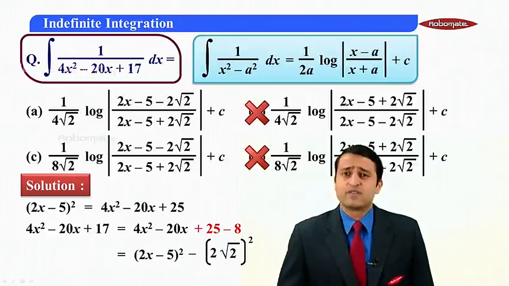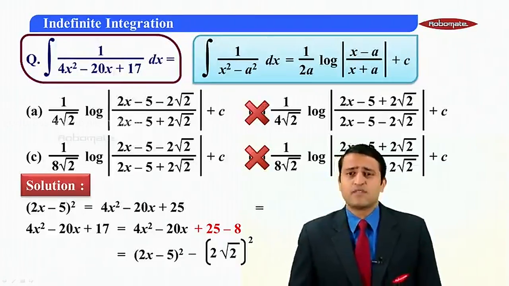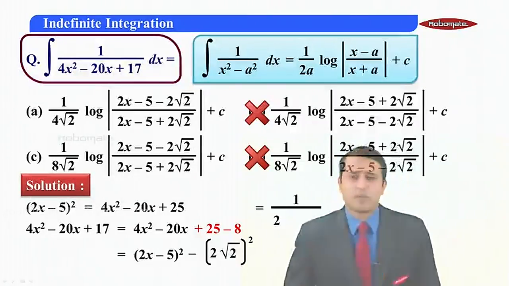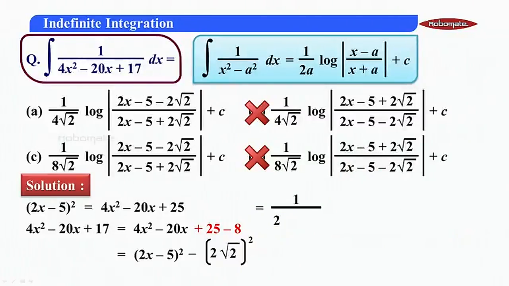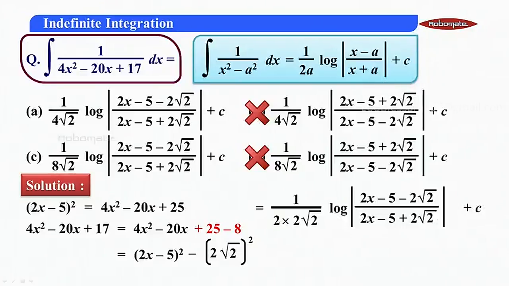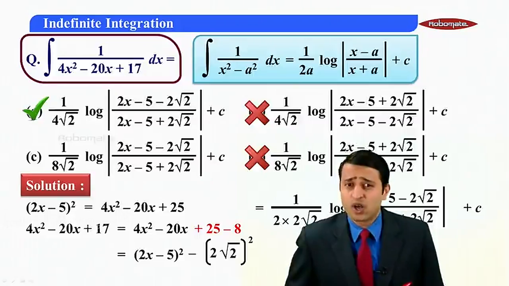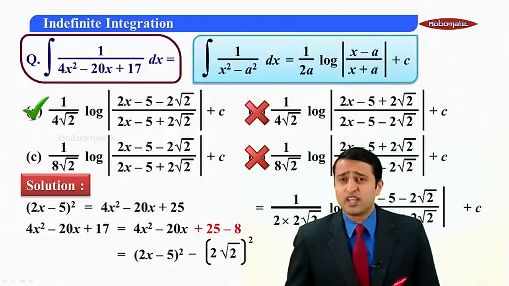Now if I were to simplify further, let us apply the formula in this case. It will be 1 by 2a, so 1 upon 2 into value of a is 2 root 2 log mod of, if you see the option, the remaining part is same in option A and C, so it is 1 upon 4 root 2. Now you may jump to the conclusion that answer is option A. My dear students, if you mark option A, you still are wrong, because option A is not the answer.